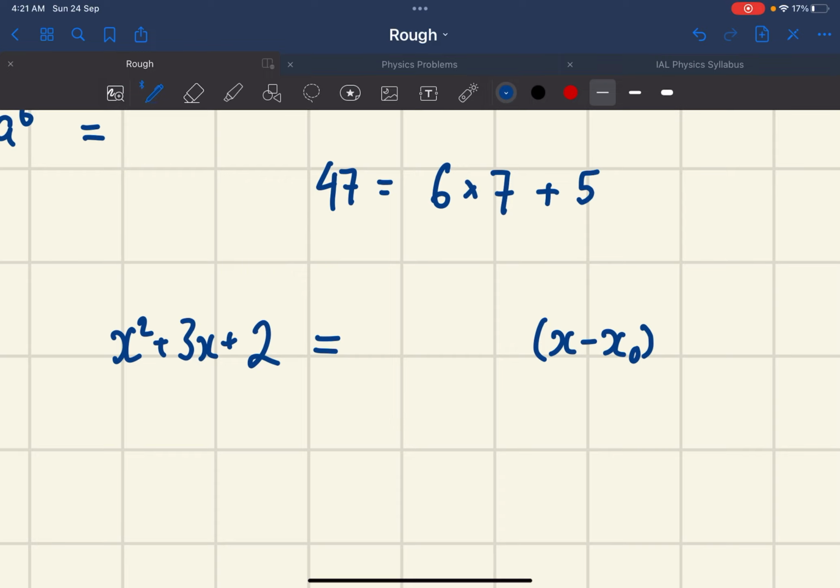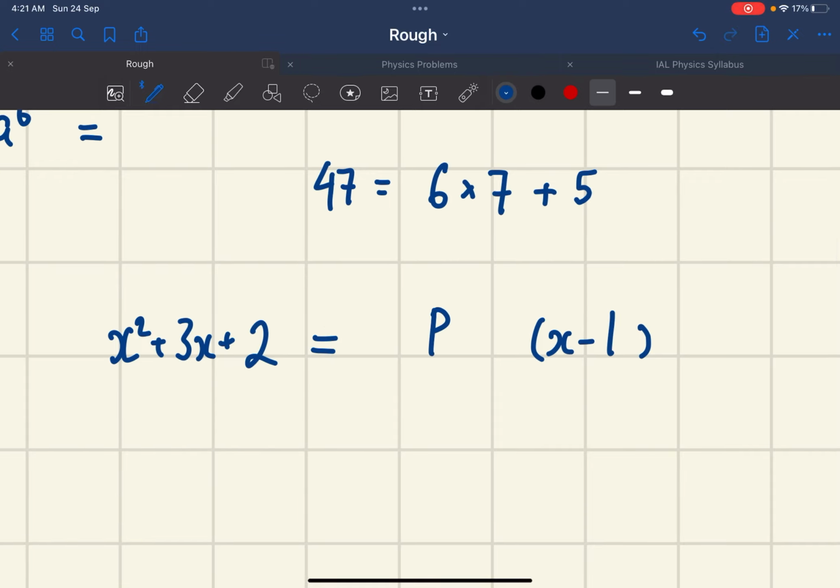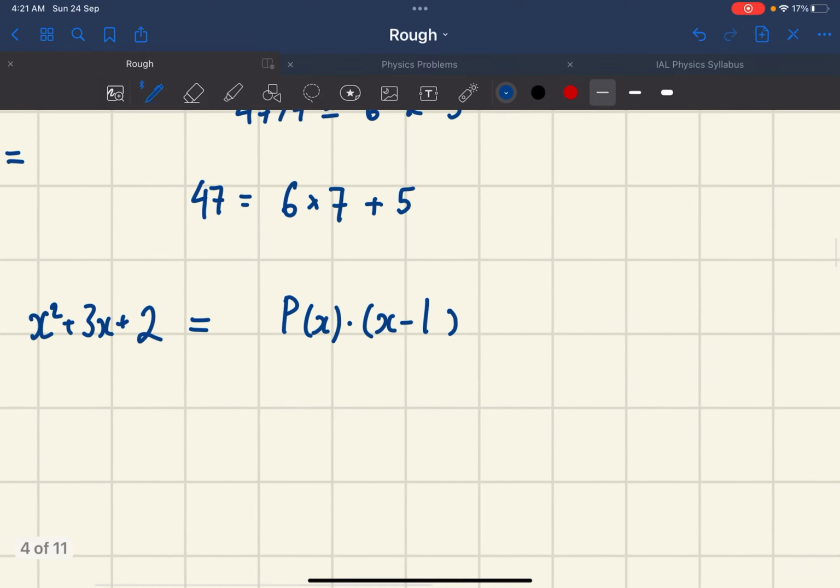So let's say we want to divide it by x minus 1. What it means is that we want x squared plus 3x plus 2 to equal x minus 1 multiplied by the quotient, right? Quotient plus the remainder.